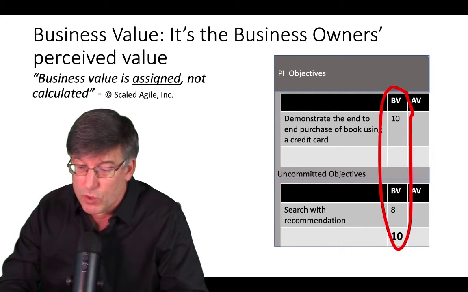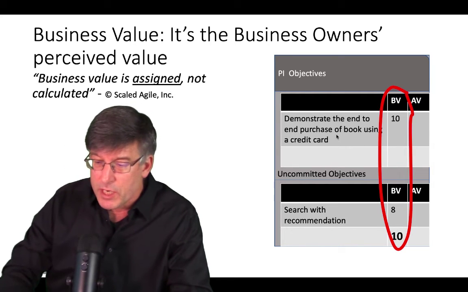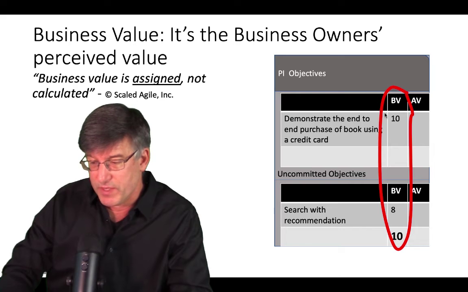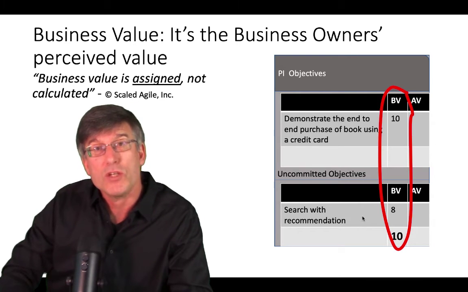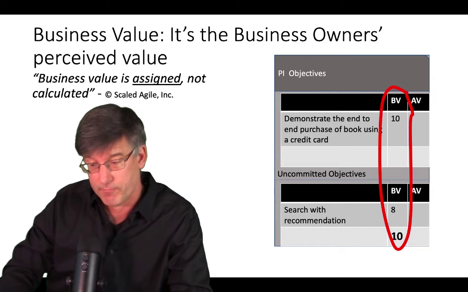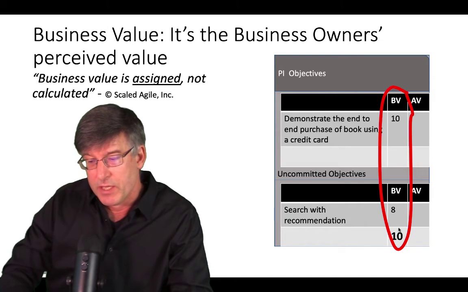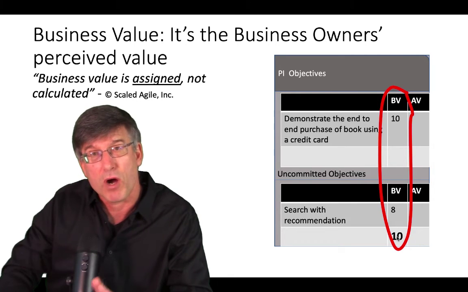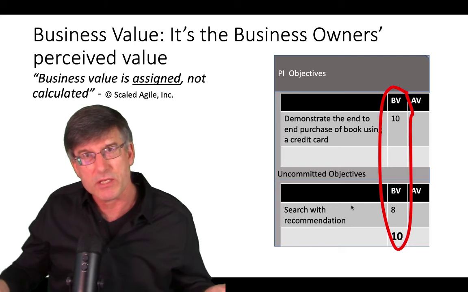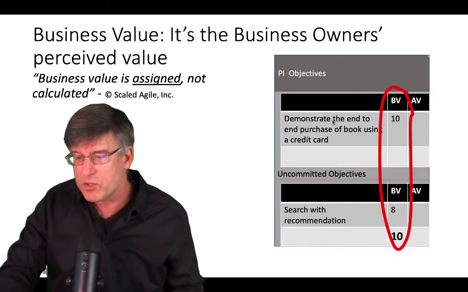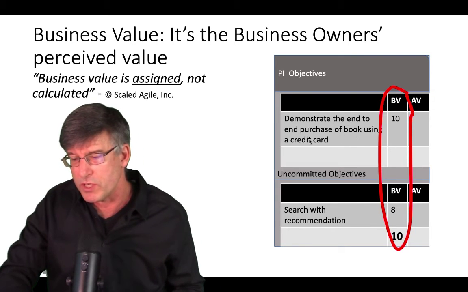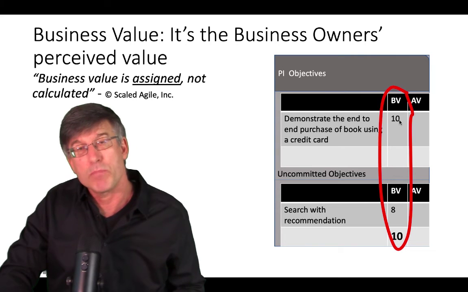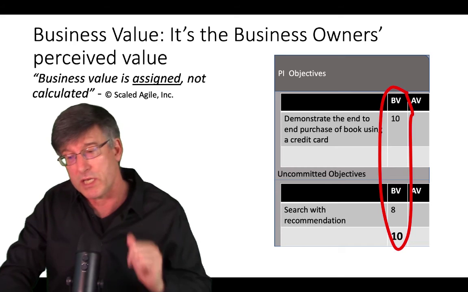Now, you'll notice here that both committed and uncommitted objectives do get a business value, but only the committed value is part of the commitment, right? Obviously that makes sense. So here we have: demonstrate the end-to-end purchase of a book using a credit card. The business owner gave that a perceived business value on a scale of 1 to 10, a 10.